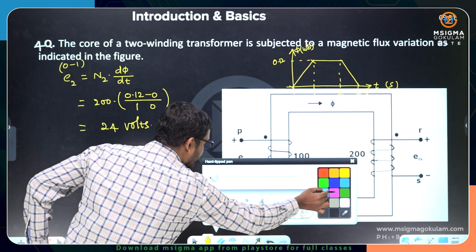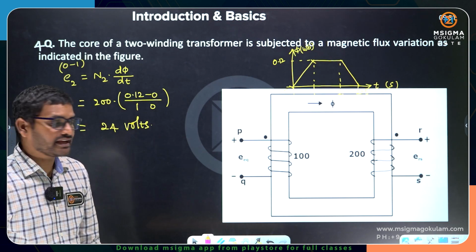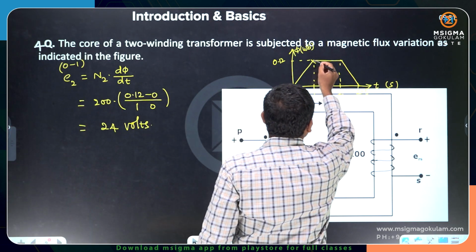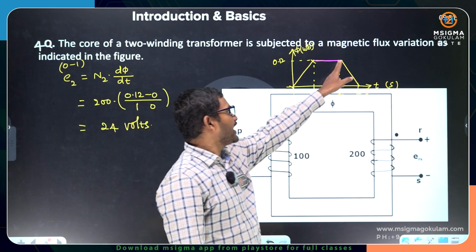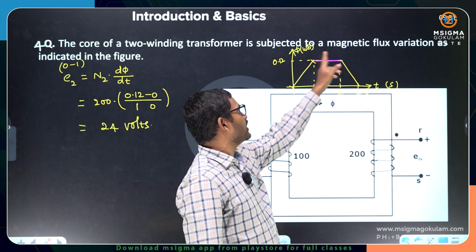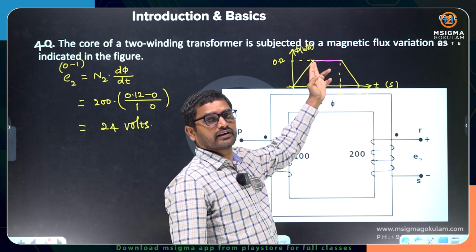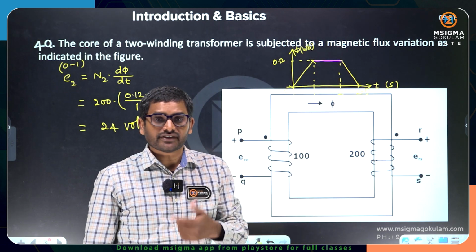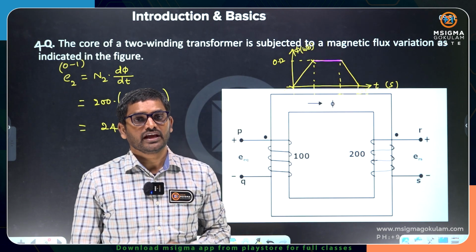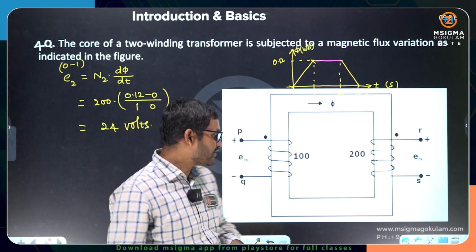Similarly, for the 1 to 2 duration, the flux is constant. There is no change: phi 2 is 0.12, phi 1 is also 0.12. Even though the time is changing, the flux is not changing. d phi is 0, so the EMF is 0.